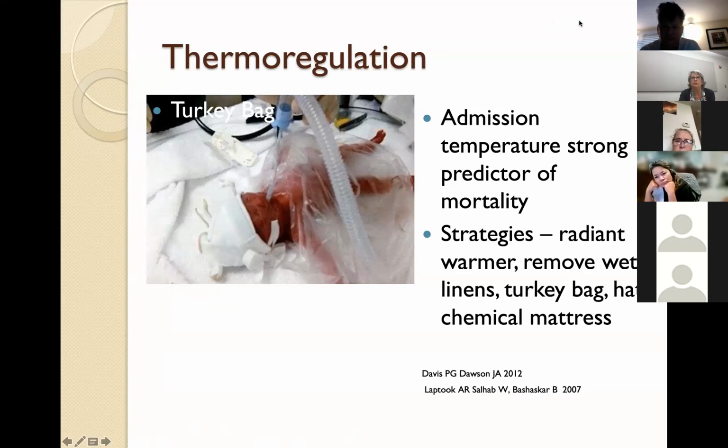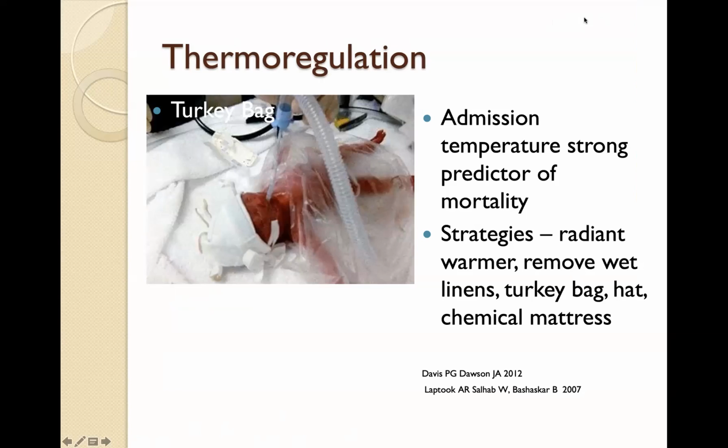Thermoregulation is another element, obviously, of the golden hour and an important component. And you guys already have your pre-set up in the delivery room with your chemical mattress, the turkey bag, which we're not calling a turkey bag in front of the parents, radiant warmer, hat, all of these strategies to maintain adequate thermoregulation.